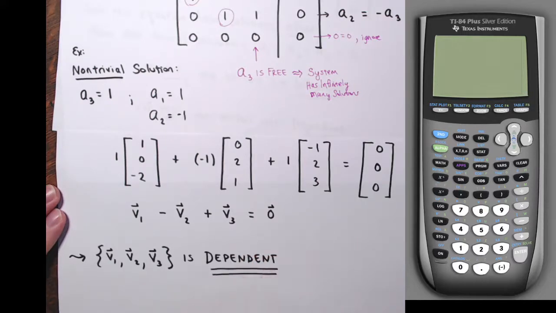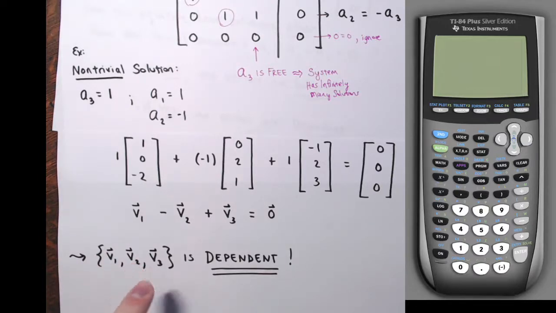All right. And as I mentioned, if you have a set of vectors that's dependent, that means you should be able to take at least one of these vectors and write it as some linear combination of some of the other vectors in that set.